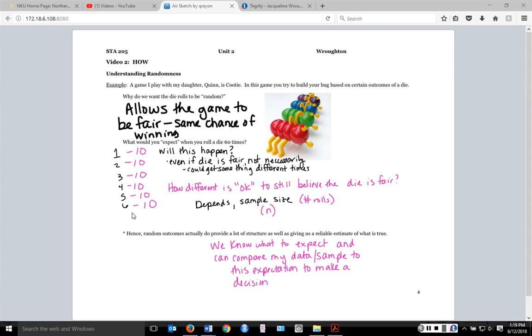After I roll the die 60 times, I would probably come up with some type of conclusion on, do I think the die is fair or not? And I would have the data to back it up. So the takeaway here, again, remember random when it comes to statistics is a good thing. It's a useful tool that allows us to know what to expect.